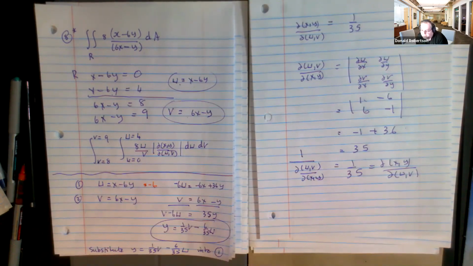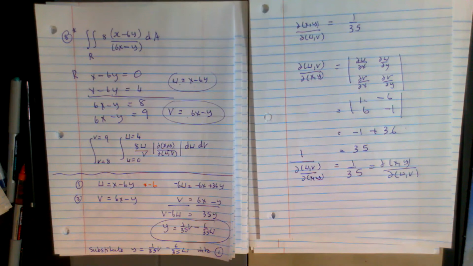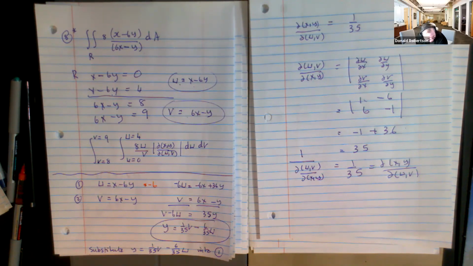Now, would you agree that's smoother and easier to do? Agreed. So if it's linear, and I'm putting that caveat in, this technique will work. If it is linear, you can do this little trick.